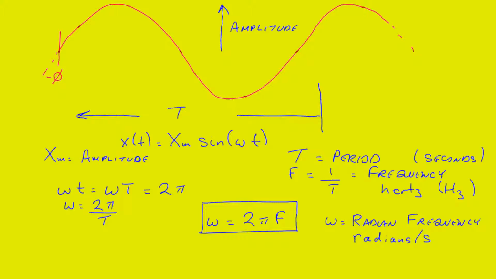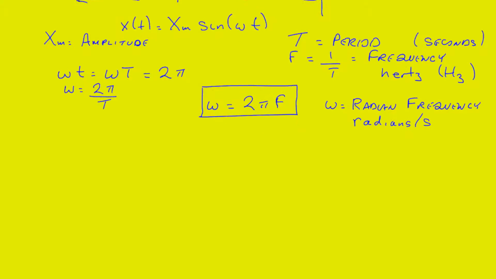We can account for that by changing our equation to look like x of t now will be equal to the same magnitude as before, sine omega t, because it has the same radian frequency, plus it's got some phase shift.